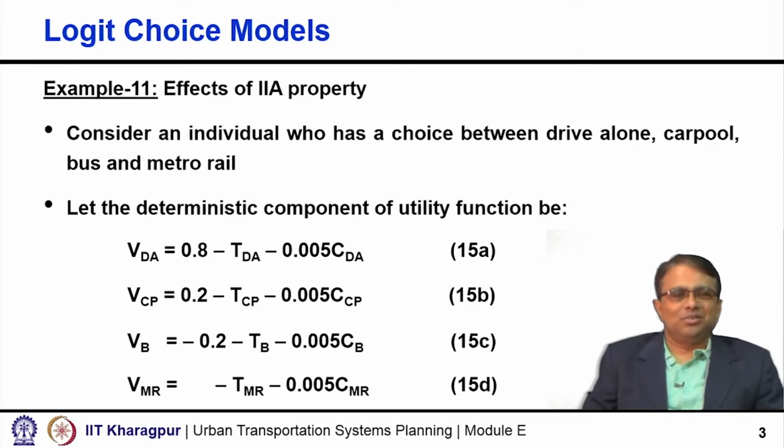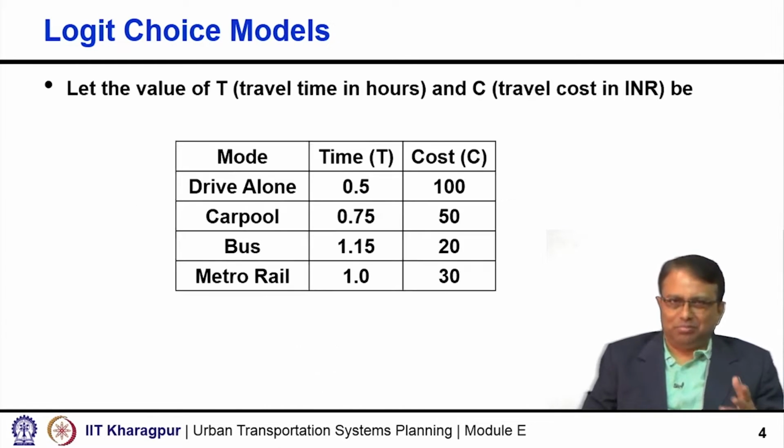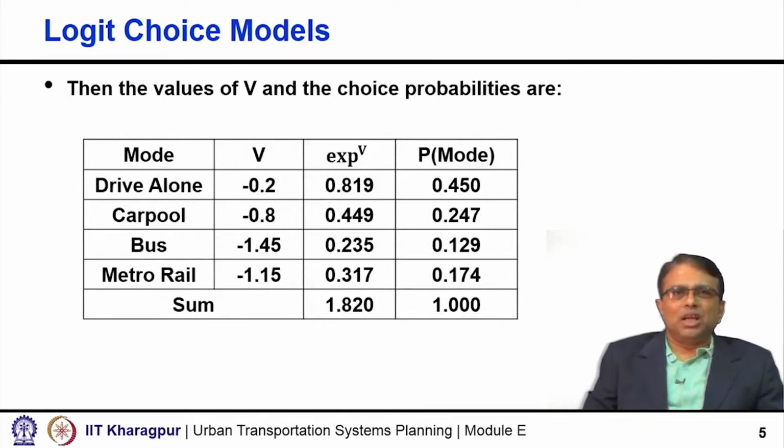Now, considering the travel time and travel cost values as mentioned here in this slide for drive alone, carpool, bus and metro, we want to calculate the utility and the probability using the multinomial Logit model.